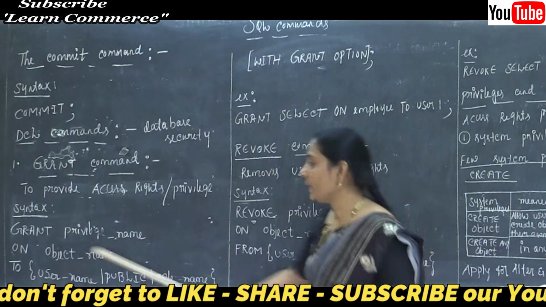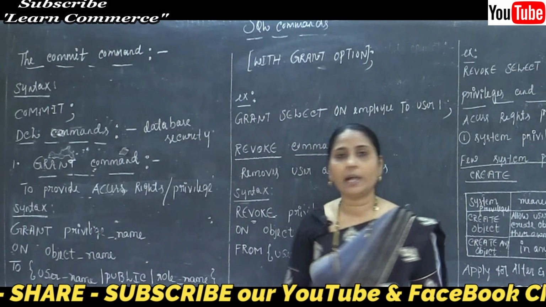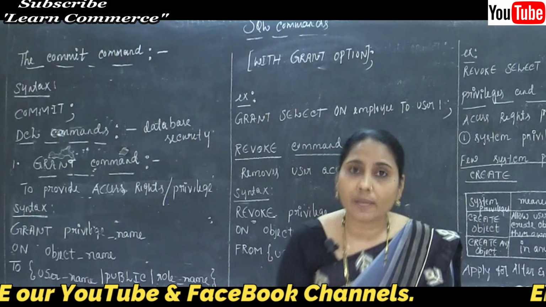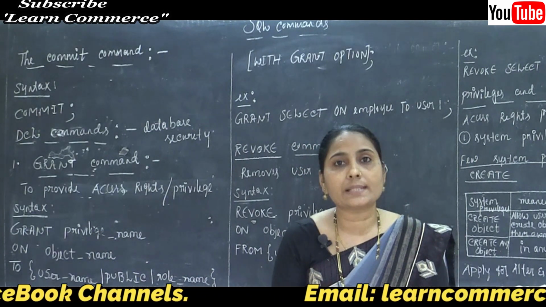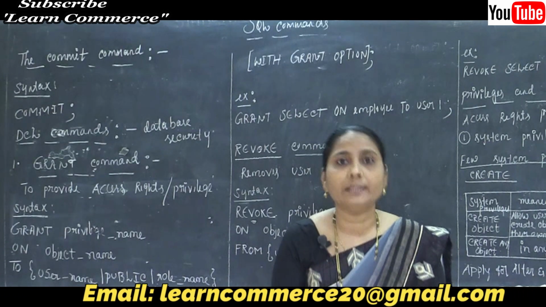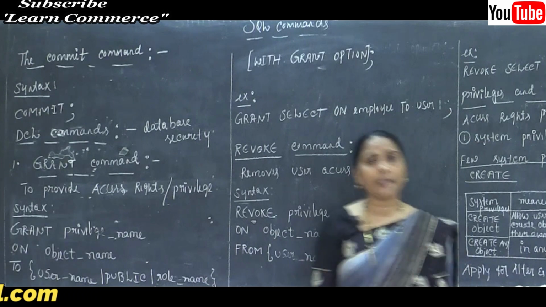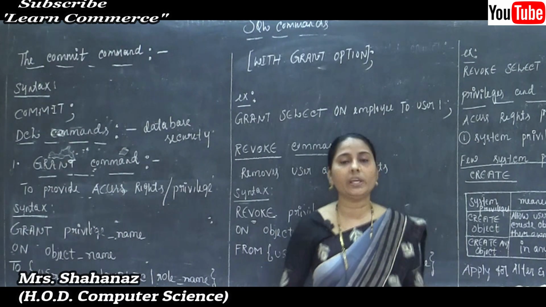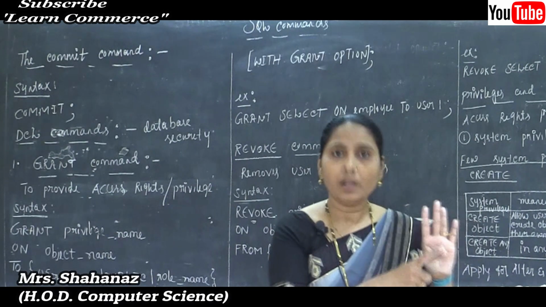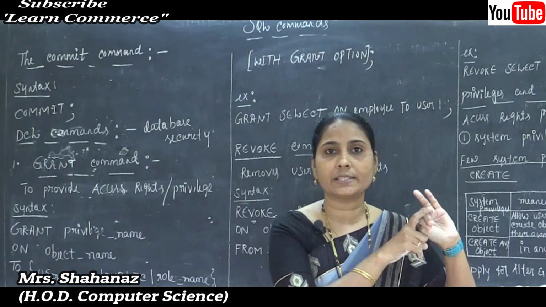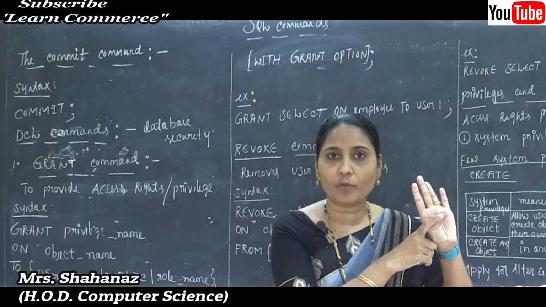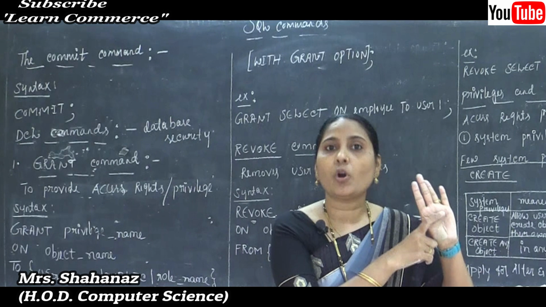Now the next thing is privilege_name. The privilege_name is the access right. So what are the rights that are given to the user? Some of the access rights that are granted to the user are ALL, EXECUTE and SELECT. That means if you want to perform any kind of operation, all operations.